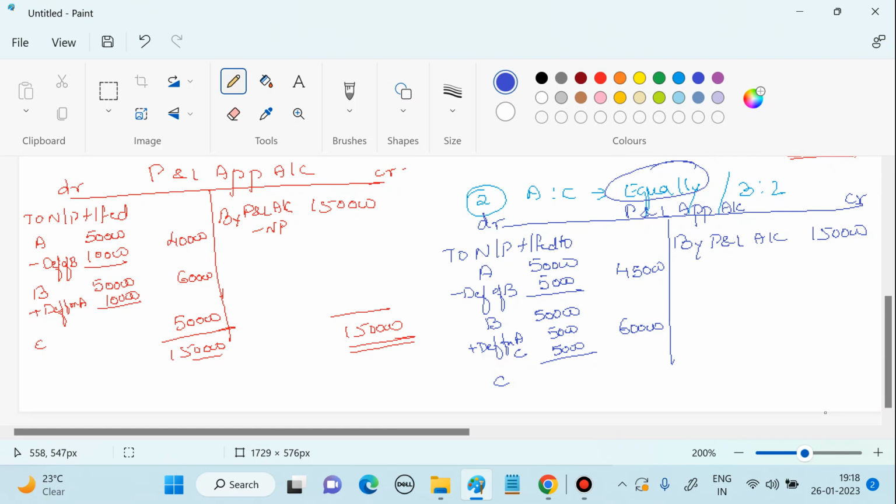Whereas for C, he had actual share 50,000, but he is giving from his share to B 5,000, so 45,000. When you total up, you see that net profit of 1,50,000 got divided in this manner: 45,000 to A, 60,000 to B, and 45,000 to C. Is that clear?